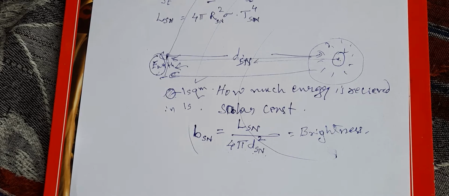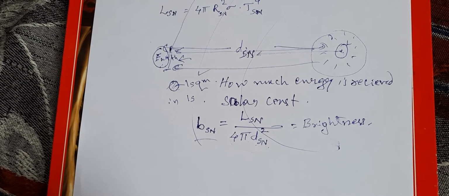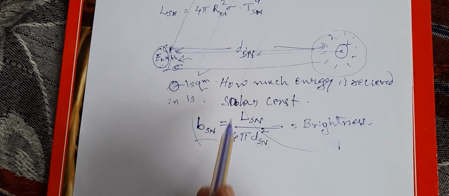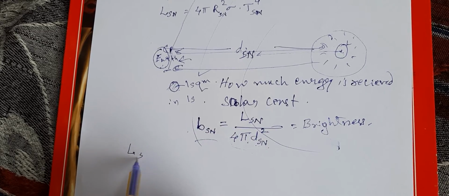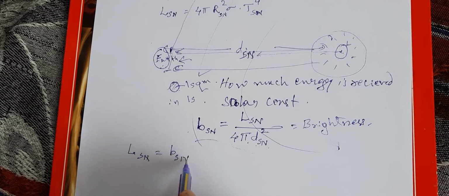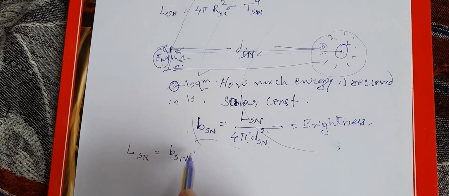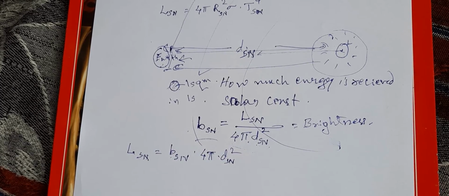The amount received on earth itself is brightness. So if B sun is the brightness of the sun, then for the star, we have already determined its luminosity from equation 1. You can transfer this part of the equation to this side, and you will get L sun is equal to B sun, the brightness of the sun, into 4 pi D sun square.